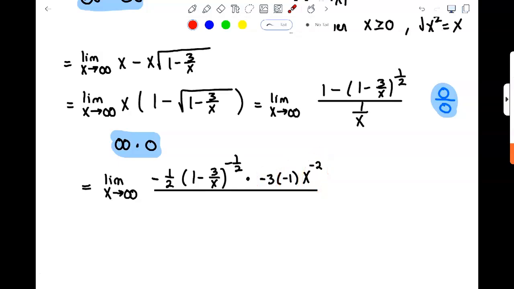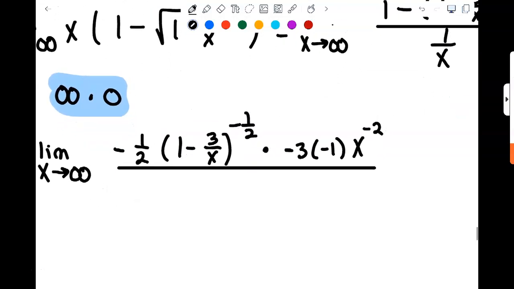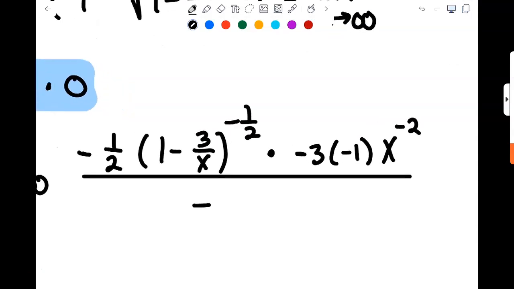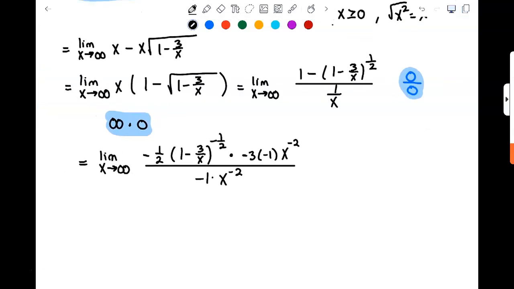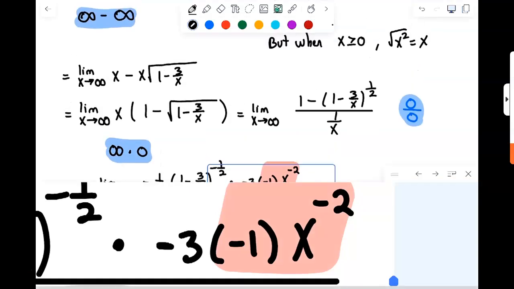And then the bottom, we just have the derivative of x to the minus 1, so that would just be minus 1 times x to the minus second. And so that's going to cancel with the other minus 1, x to the minus second on top. And now we've gotten rid of the problem that led to our 0 over 0 limit. It's now vanished from the problem.